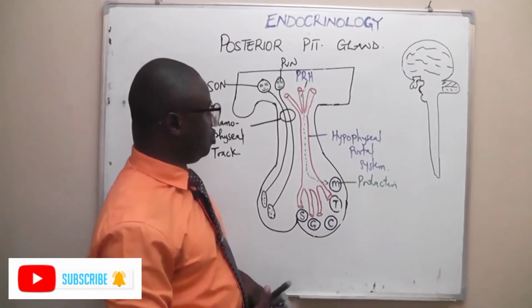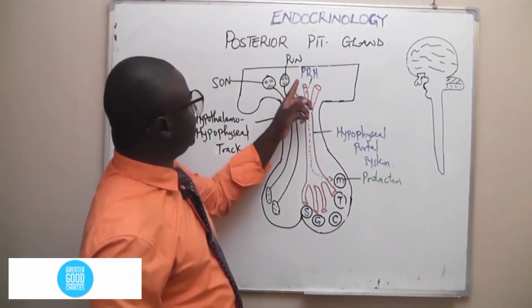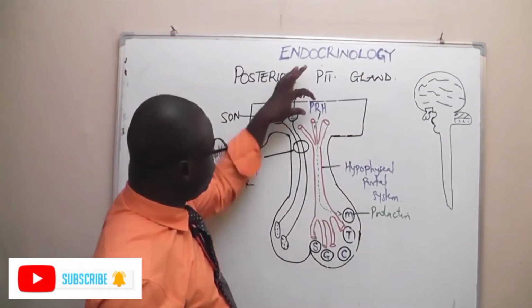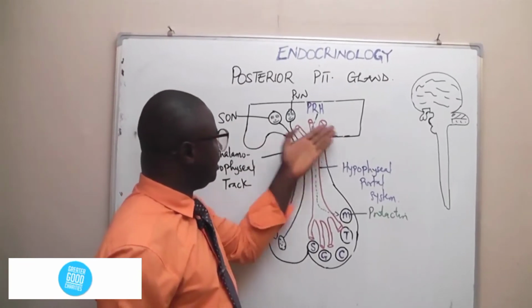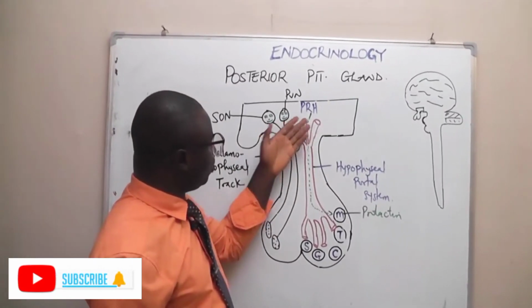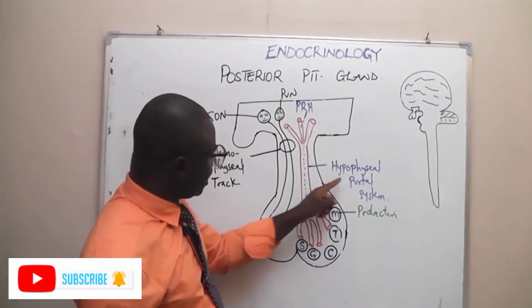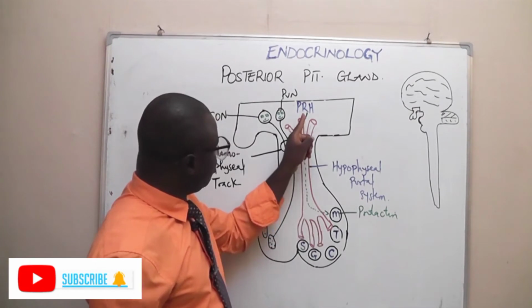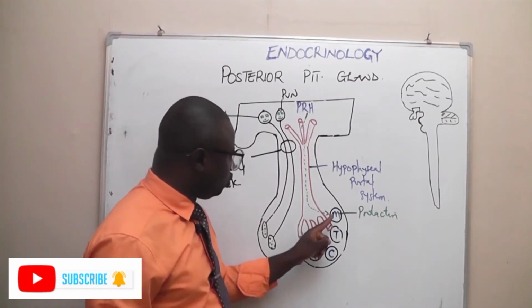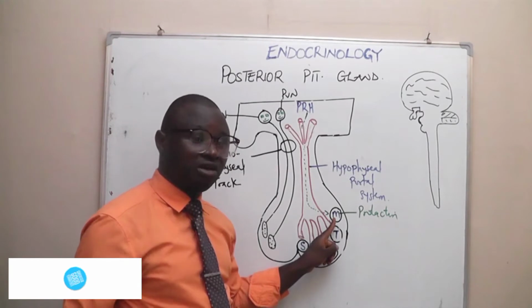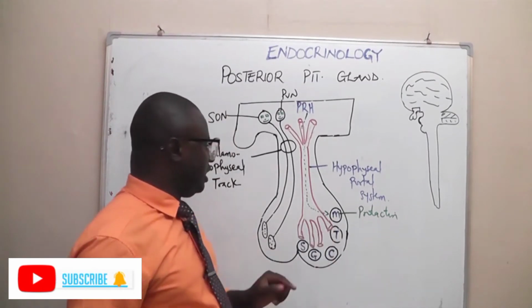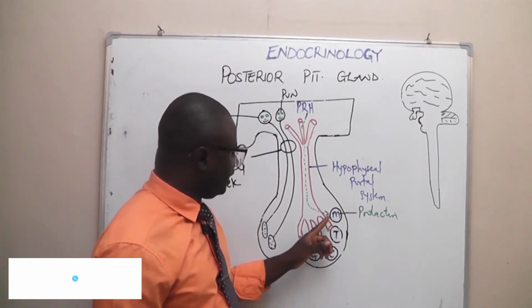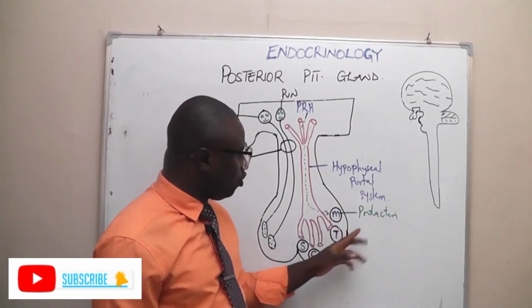That in the hypothalamus, some nuclei produce prolactin releasing hormone or prolactin releasing factor, which enters the primary portal system and is then transported through the hypophyseal portal system. Then this prolactin releasing hormone acts on a group of cells called mammotrophs. They bind with some receptors on the surface of these cells, and then they cause the release of what?